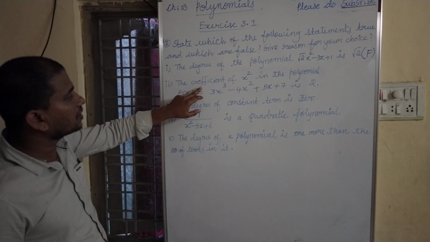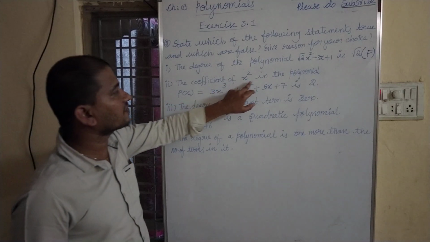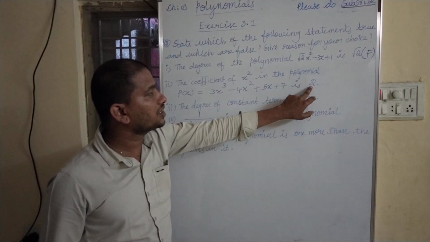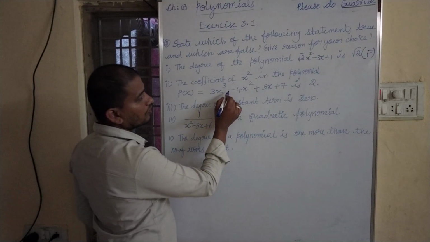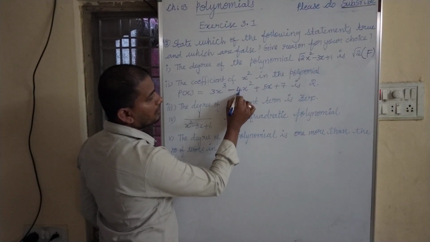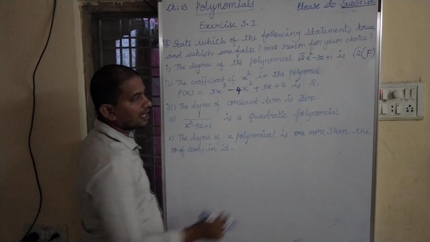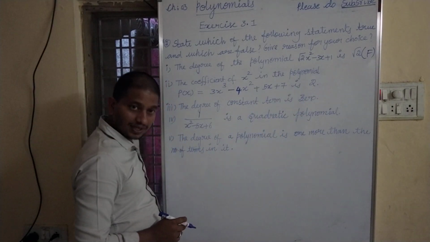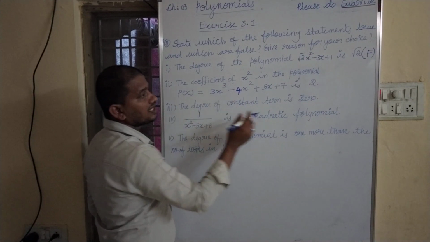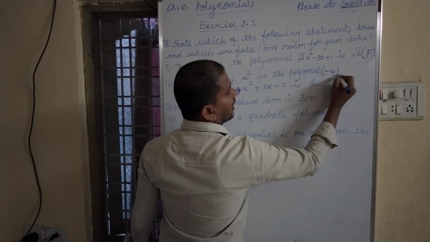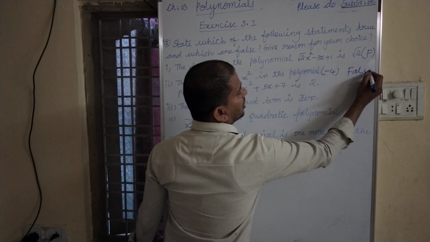Coming to the second statement, the coefficient of x square in the polynomial is 2. What is the coefficient of x square here? Actually the coefficient of x square is minus 4. But they are saying 2. Is it correct? No. The coefficient of x square is minus 4. Actually, which is also a false statement.